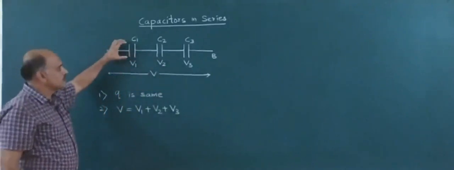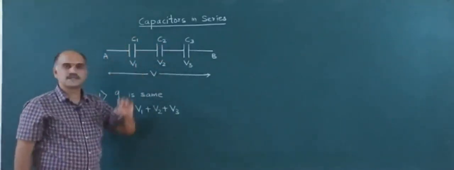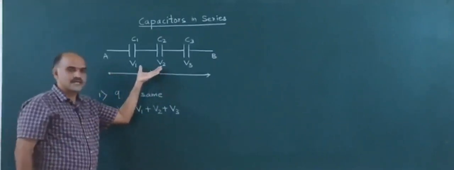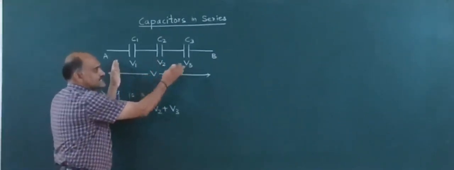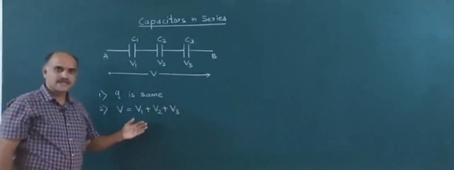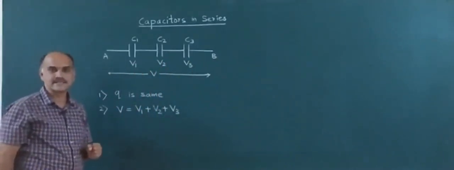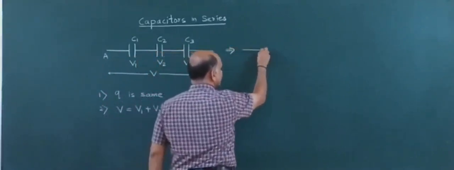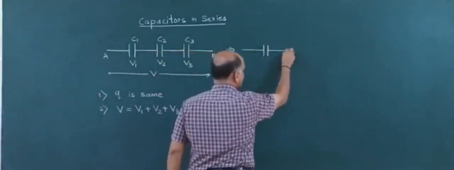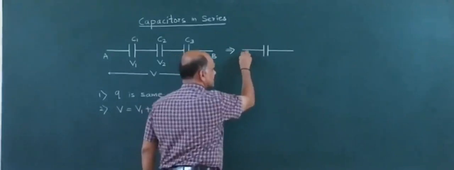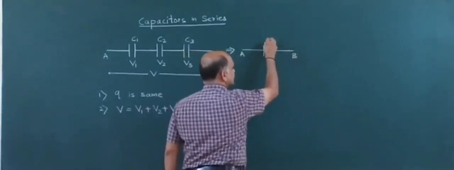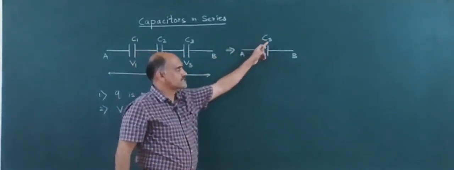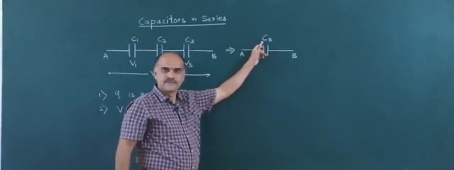Now, if instead of using three capacitors, I use a single capacitor and I am getting the same effect as these three, then that is called equivalent capacitance, and I will denote it by CS, that is equivalent capacitance in series.